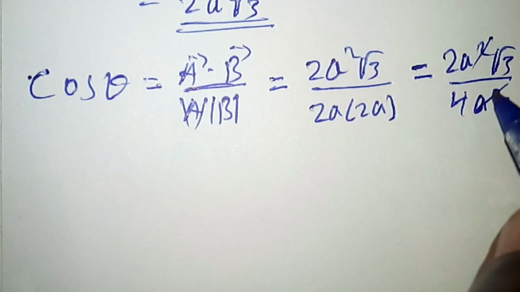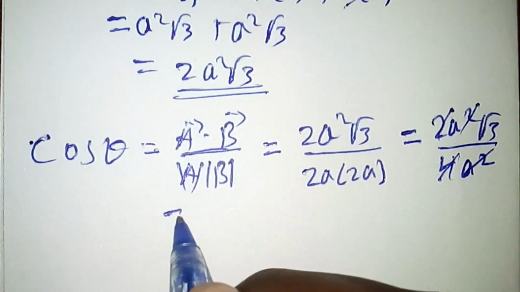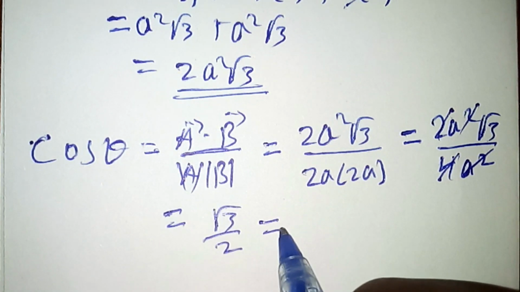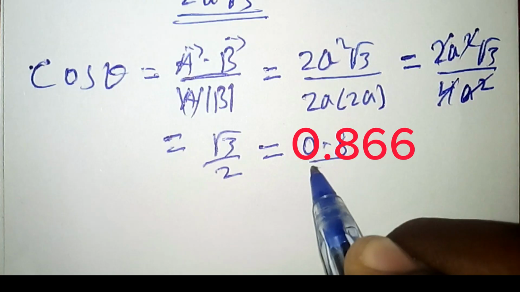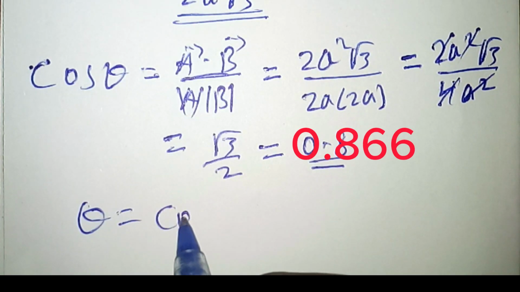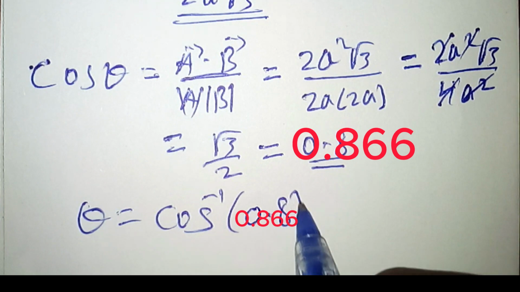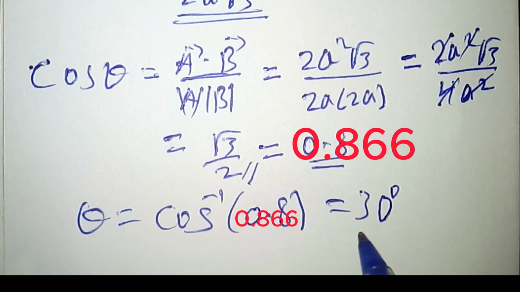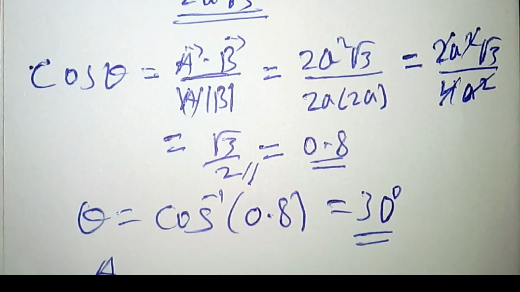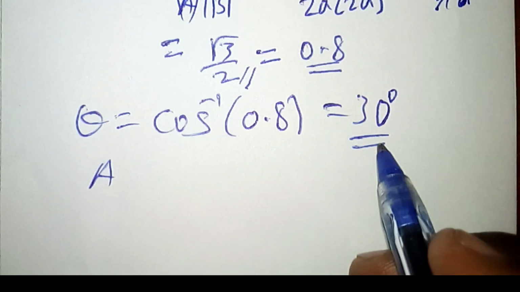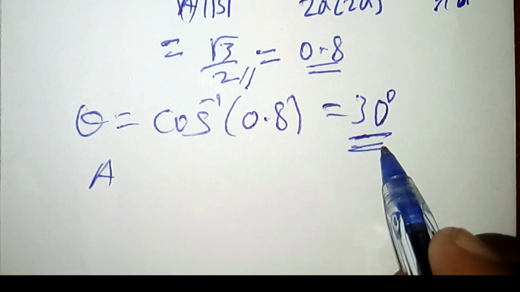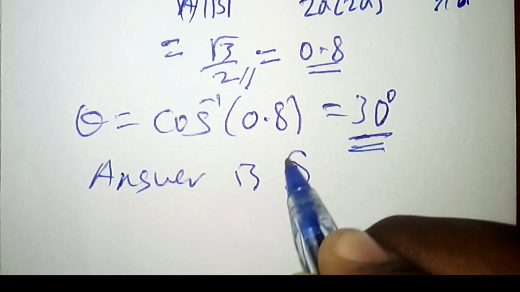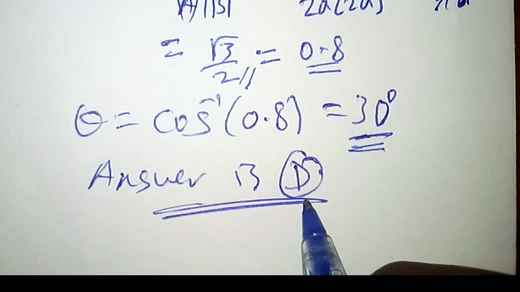So a square cancel each other and 2 by 4, which is equal to radical 3 over 2. Therefore theta is equal to cos inverse of radical 3 over 2, which gives us 30 degrees. So the angle between vectors A and B is 30 degrees. Therefore the answer among the given alternatives is D, which is 30 degrees.